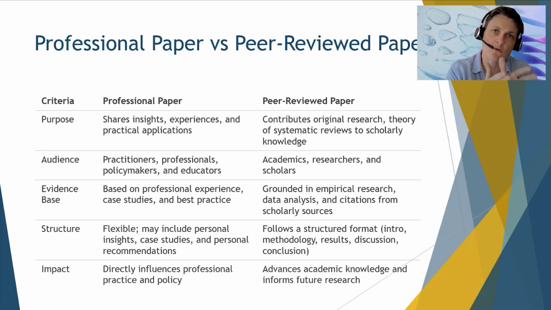Now, don't get me wrong, a professional paper might also include those, but a professional paper will also include recommendations around program design. It might have recommendations around a more sustainable way to allocate resources. It might have recommendations around different approaches to capability building or different ways of aligning it to a service design or things like that. And again, a lot of those recommendations might not necessarily make it into a peer-reviewed paper.